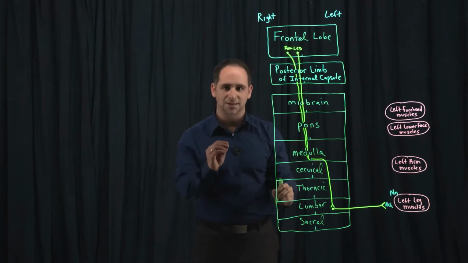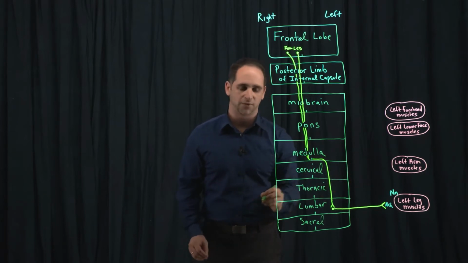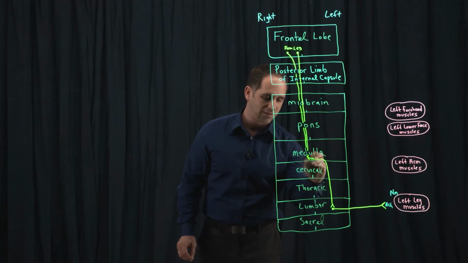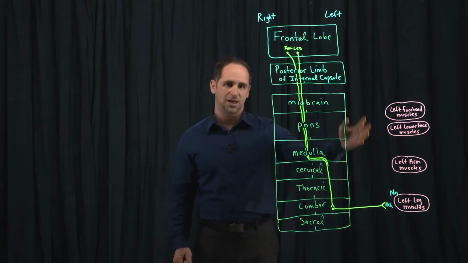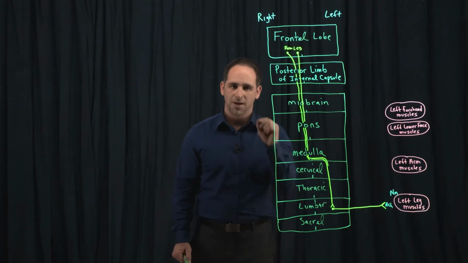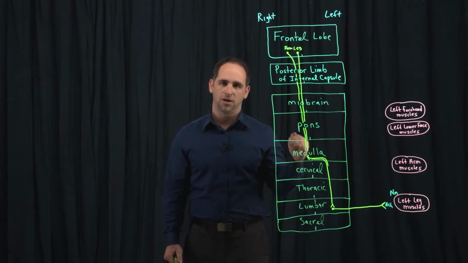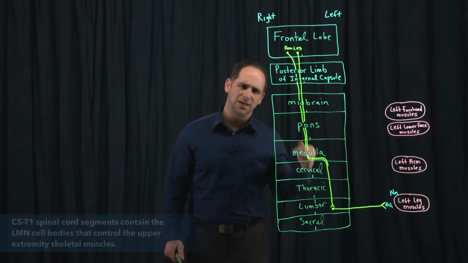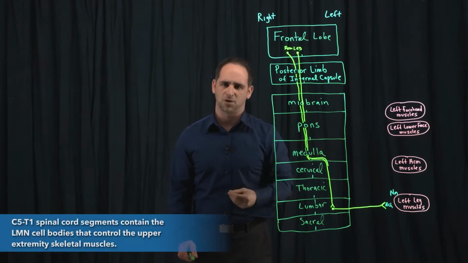It's going to decussate just like the lower extremity upper motor neurons that we had showing for the leg. It's going to cross at the very bottom of the medulla in that decussation of the pyramids. And then it's going to descend down in the lateral corticospinal tract on the same side, just like we had before. But the difference here now is that the cervical cord, about C5 to T1, is the spinal cord segments that innervate the upper extremities.